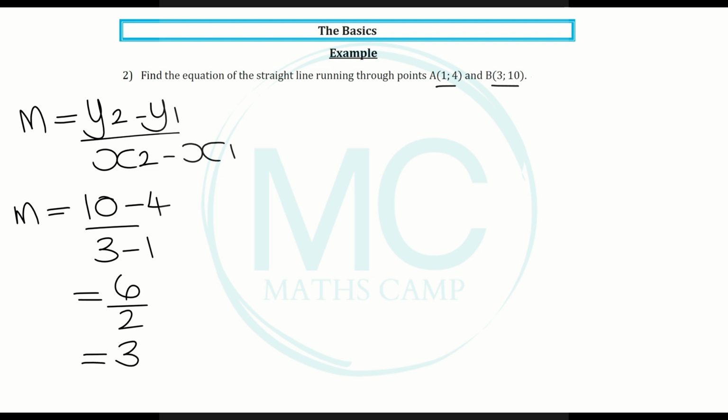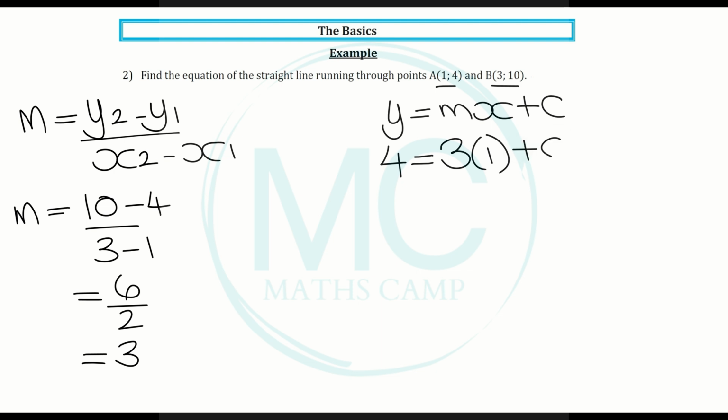Now to find the straight line, our equation is y is equal to mx plus c. We need the coordinates of one point. It can be either. So in this case, I'm going to use point A. It has a y coordinate of 4, so I say 4 is equal to m, which is 3, multiplied by the x coordinate 1, plus c.